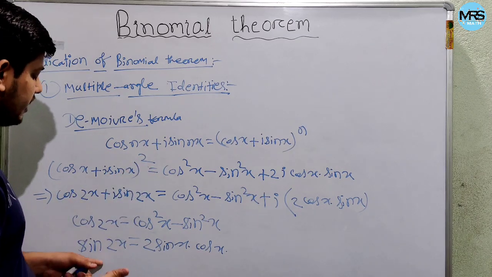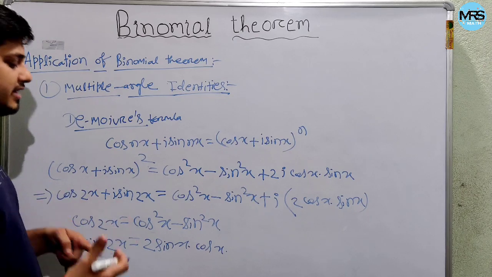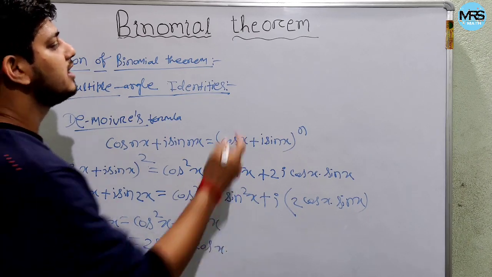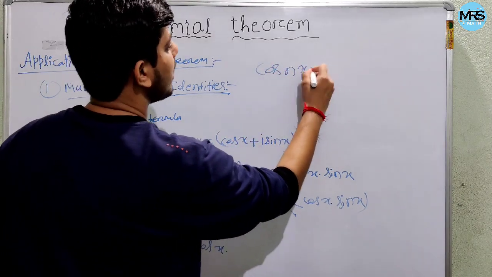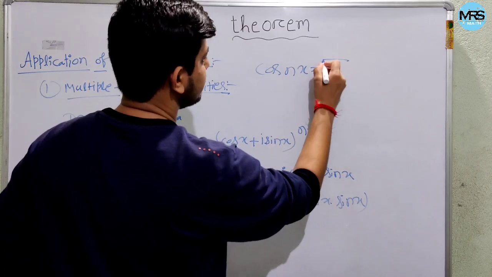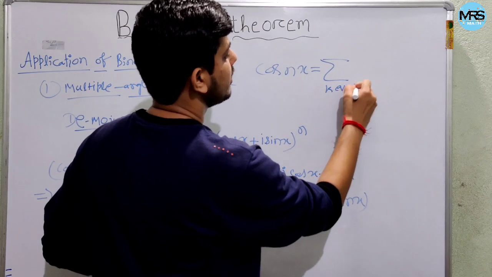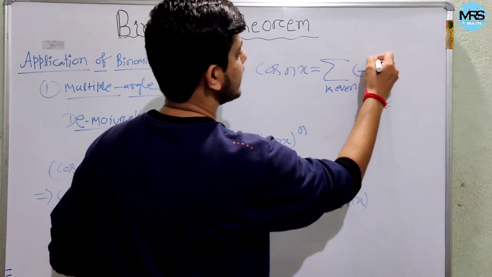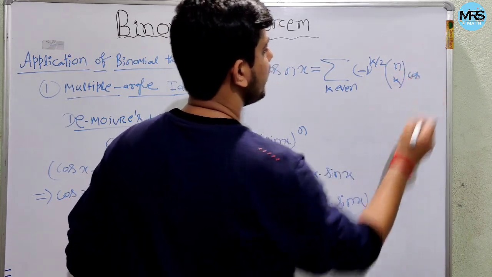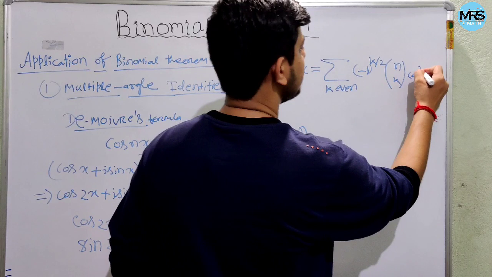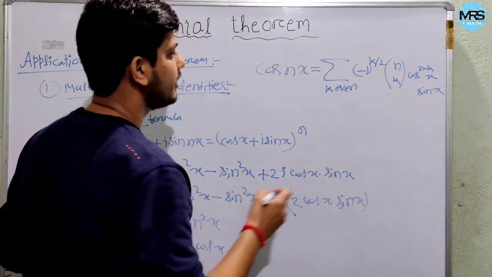If in the same way we proceed for n equal to 3 and 4 and so on, finally you will get cos nx, written in the form of summation, since cos is an even function, so k even: minus 1 to the power k by 2, nCk cos to the power n minus k x into sin to the power k x.